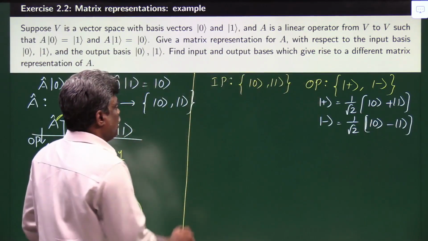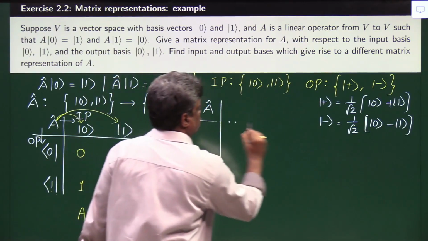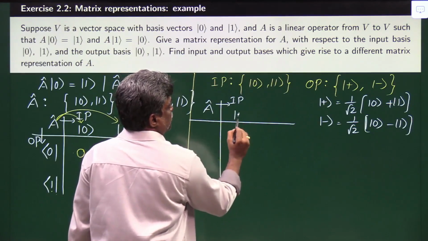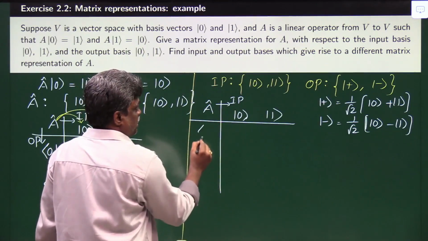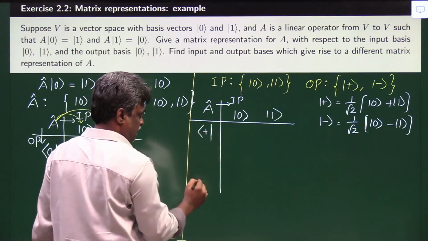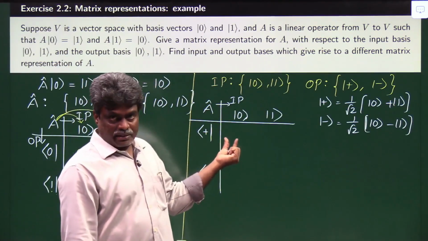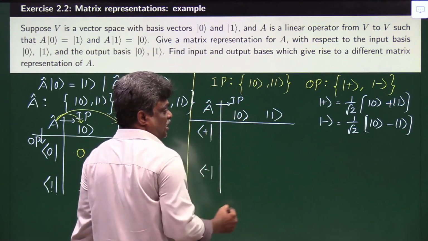Okay, now let us represent this operator in matrix form. I told you already, here you have to take the input basis, which is 0 and 1 in our case, and here we have to take the output basis, which is the diagonal basis, like this. Now how to write this element? This is A11, first row, first column.